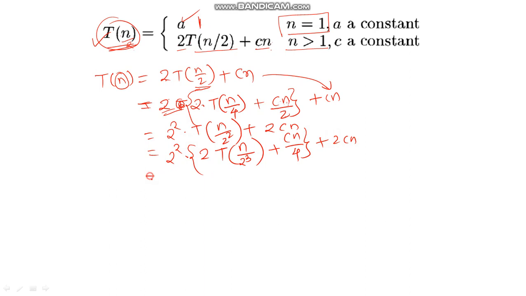So this overall becomes 2 raised to 3 into T of n by 2 raised to 3 plus Cn plus 2Cn, and because this 4 and this 4 get cancelled, it becomes 3Cn. If I repeat it for k times, it becomes 2 raised to k into T of n divided by 2 raised to k plus kCn.